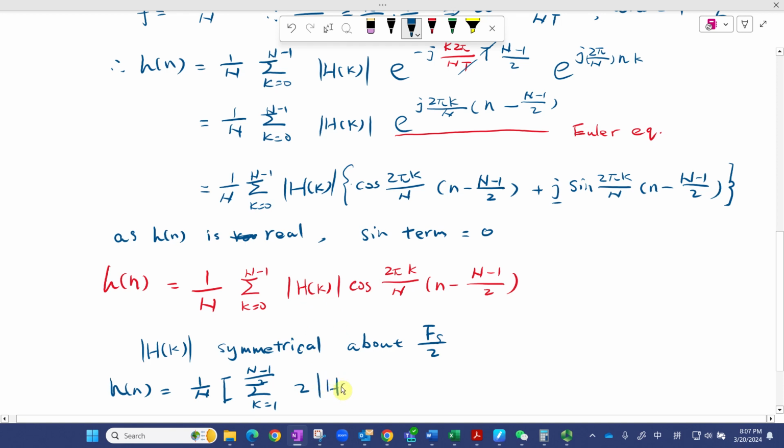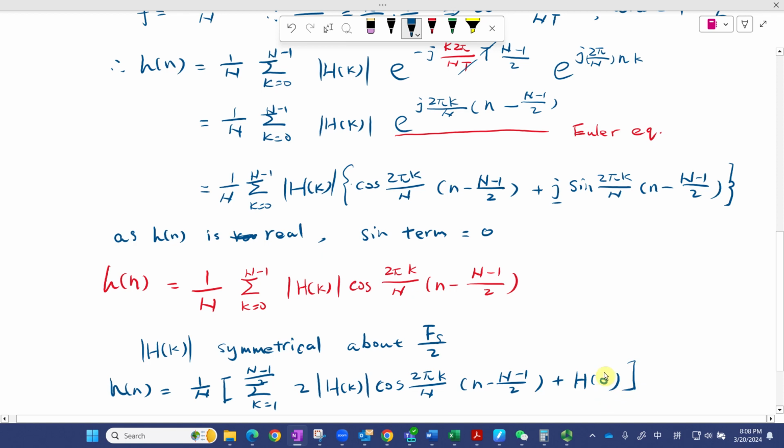So H[k] times cosine, because you sum them, the first half and second half are the same, so we can just double the magnitude. 2 pi k over N times n minus N minus 1 over 2, plus capital H[0]. Sorry, we didn't start from k equals 0; here we put the k equal to 0 term separately.